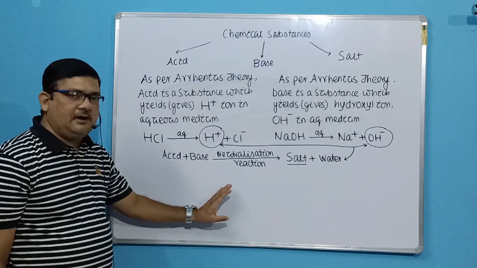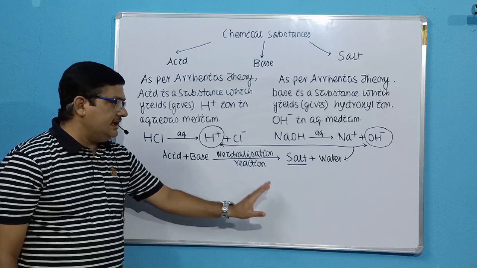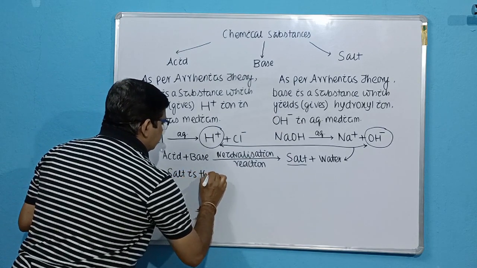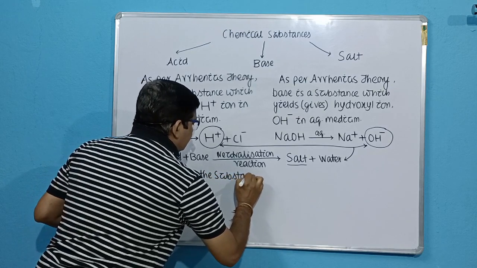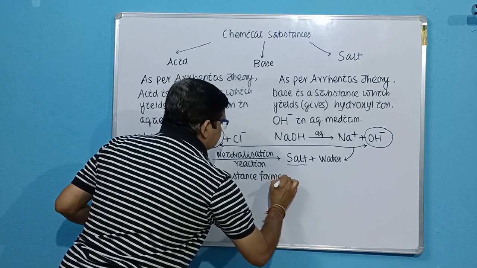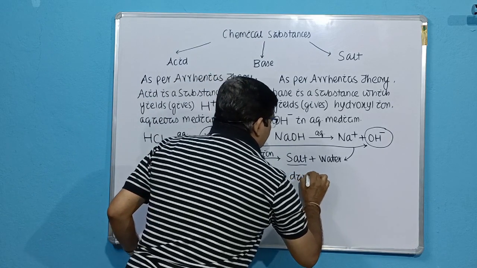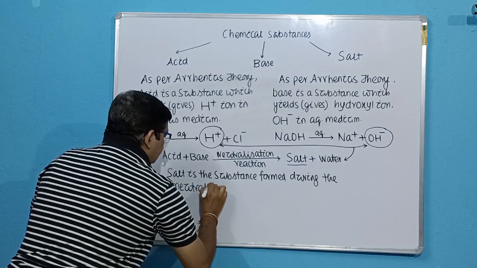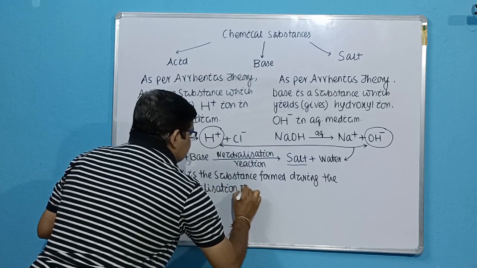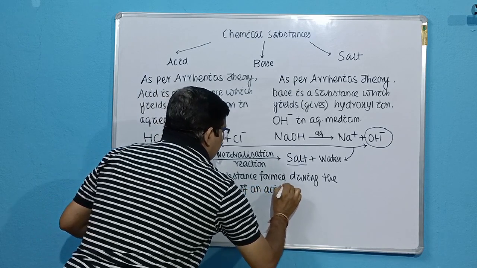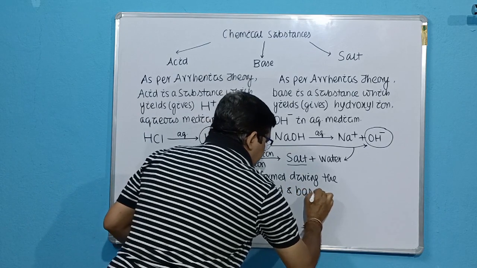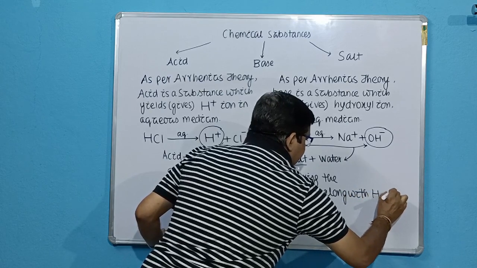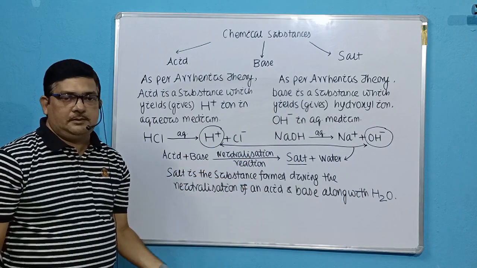Salt is a substance which is formed during the neutralization of an acid and base along with water. Water is definitely formed; any other substance formed besides water is called a salt.